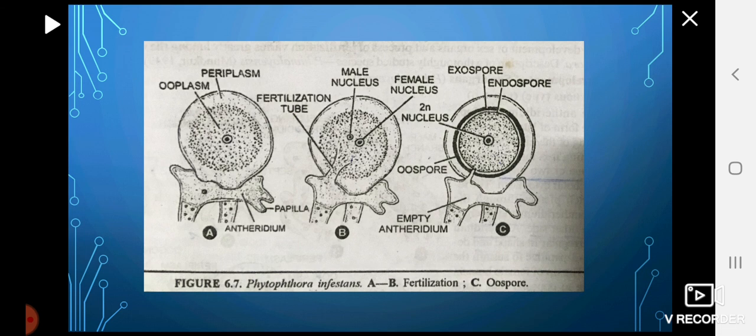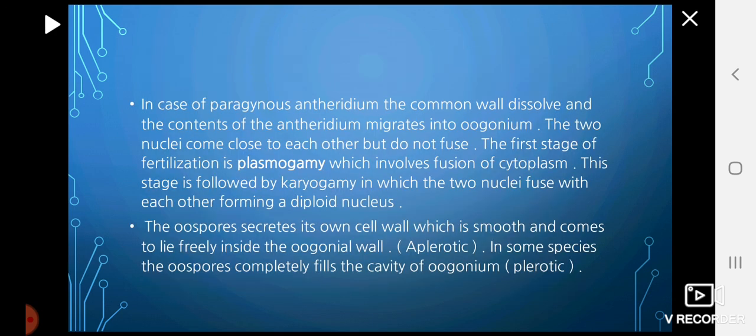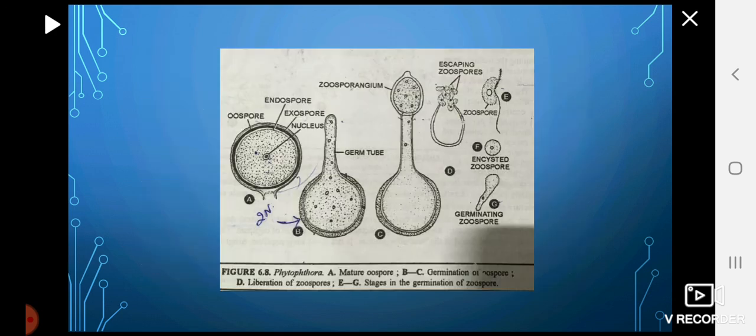You can see here. And after passing the period of rest, the oospore starts germinating. You can see here the germination of the oospore. It absorbs water and becomes activated.